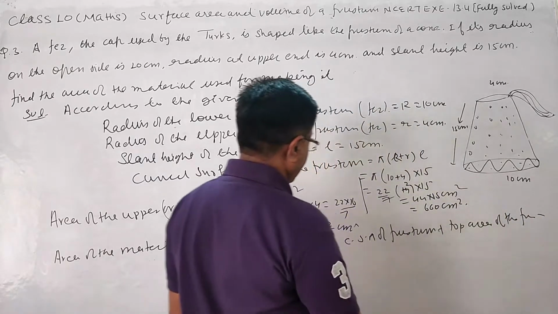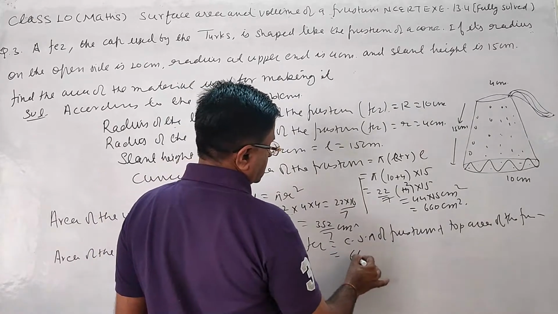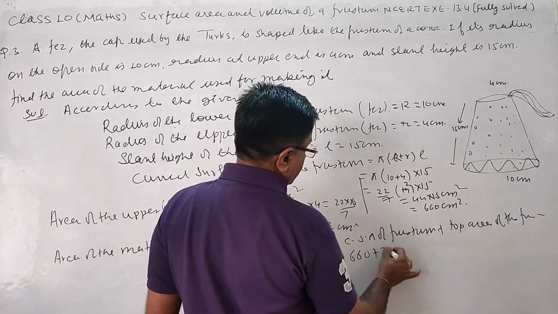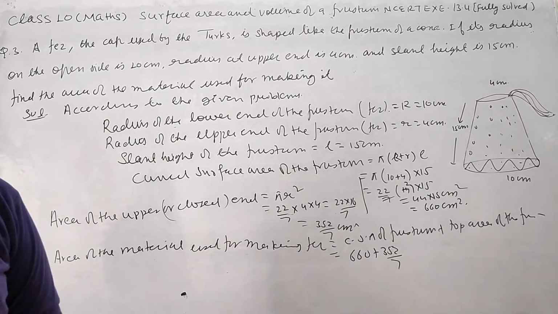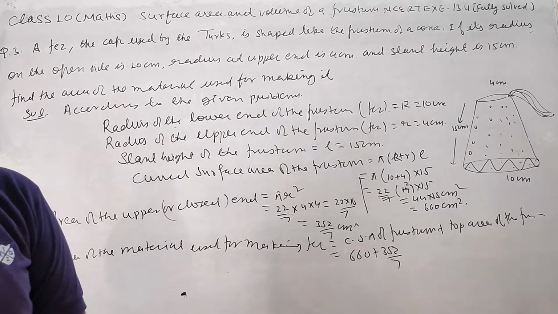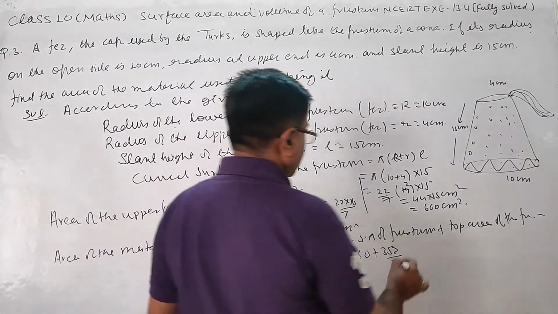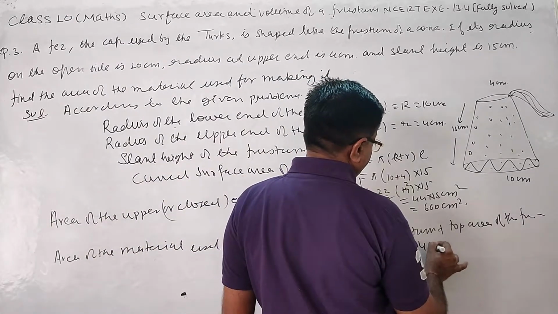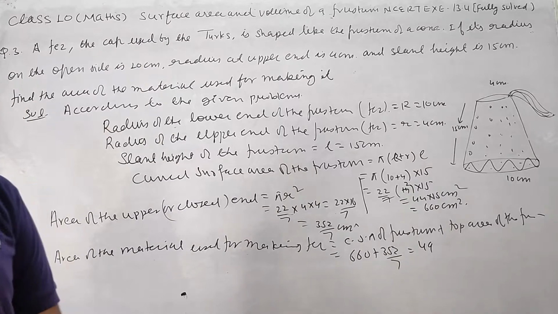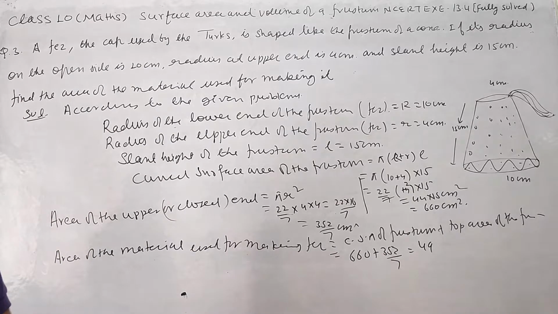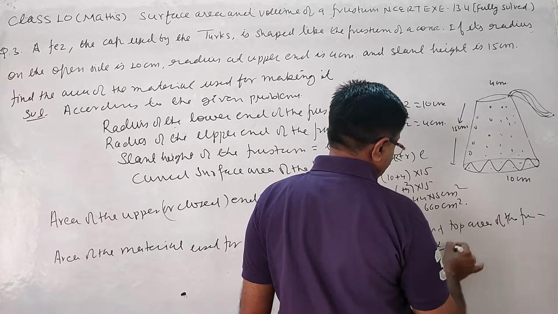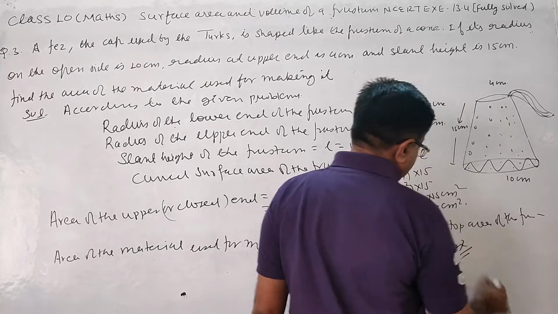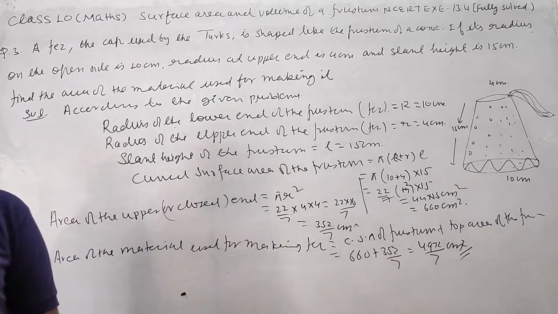These two we have to write. Curved surface area 660 plus 352 by 7. So you can simplify, take LCM, that is 4972 by 7. So this is the required area.